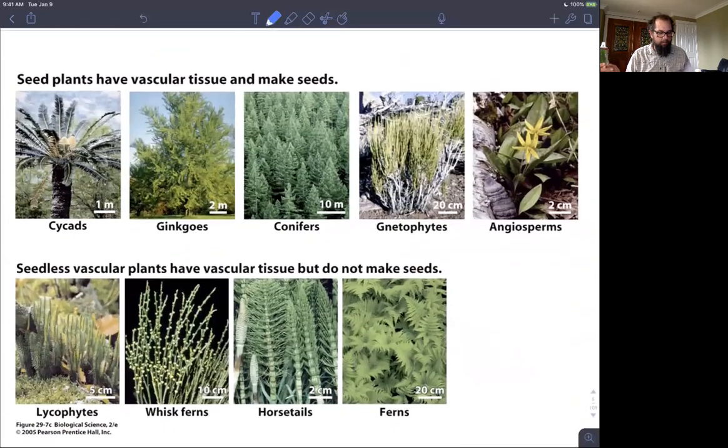The second major group of plants that we'll talk about are the vascular plants. And so vascular plants are those with vascular tissue, as the name implies.